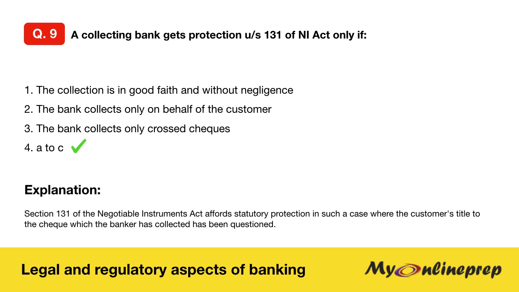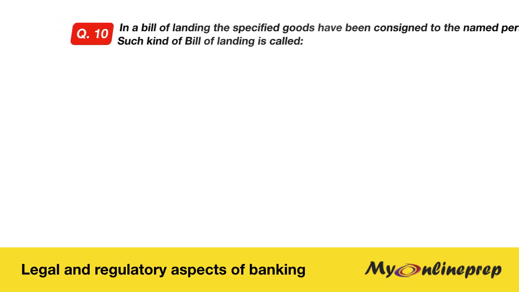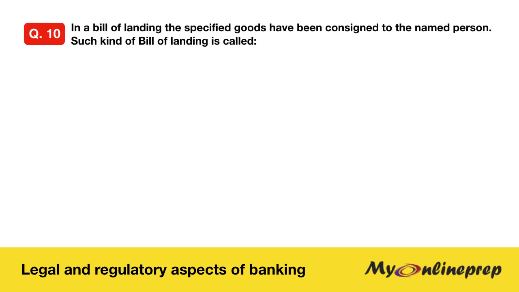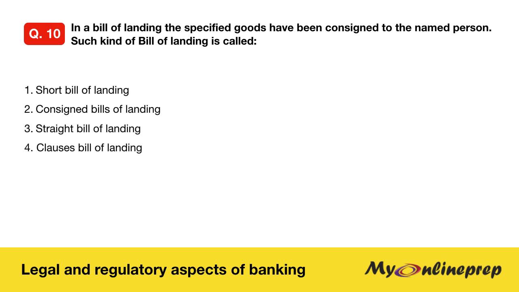Let's move on to the next question, that is question number 10. In a bill of lading, the specified goods have been consigned to the named person. Such kind of bill of lading is called what? Short bill of lading, consigned bill of lading, straight bill of lading, or clean bill of lading?